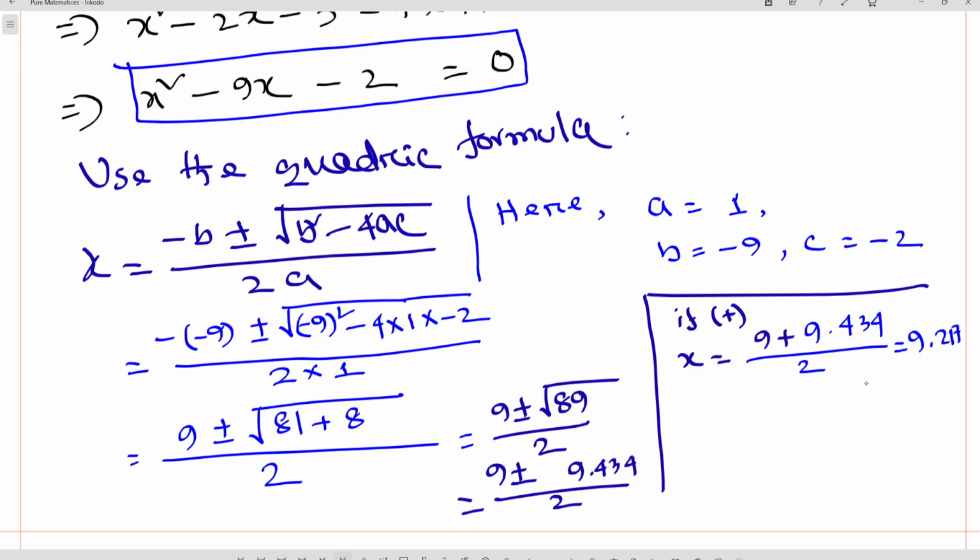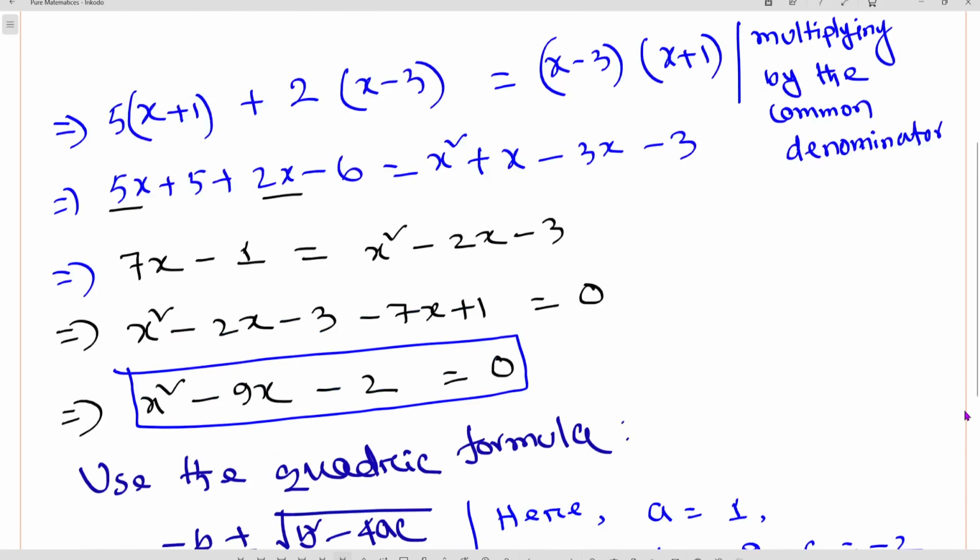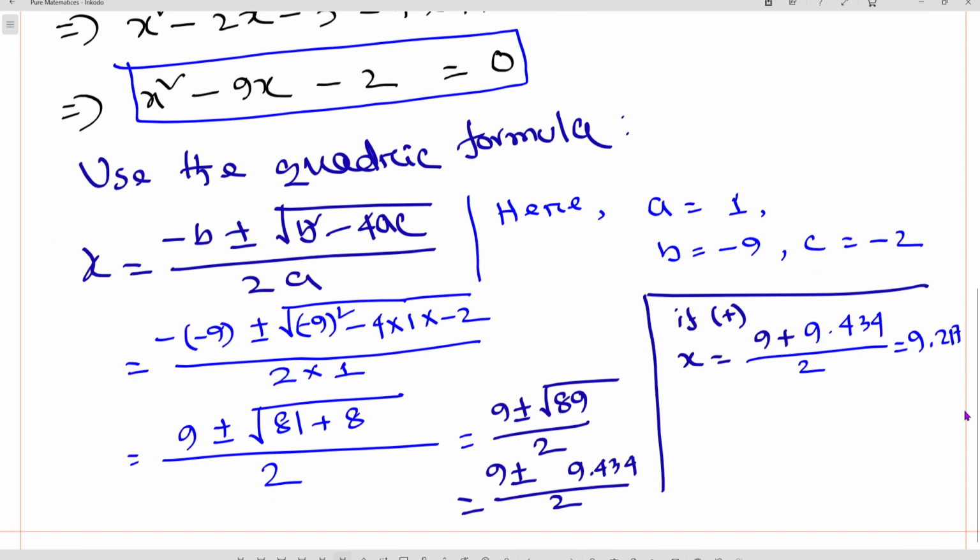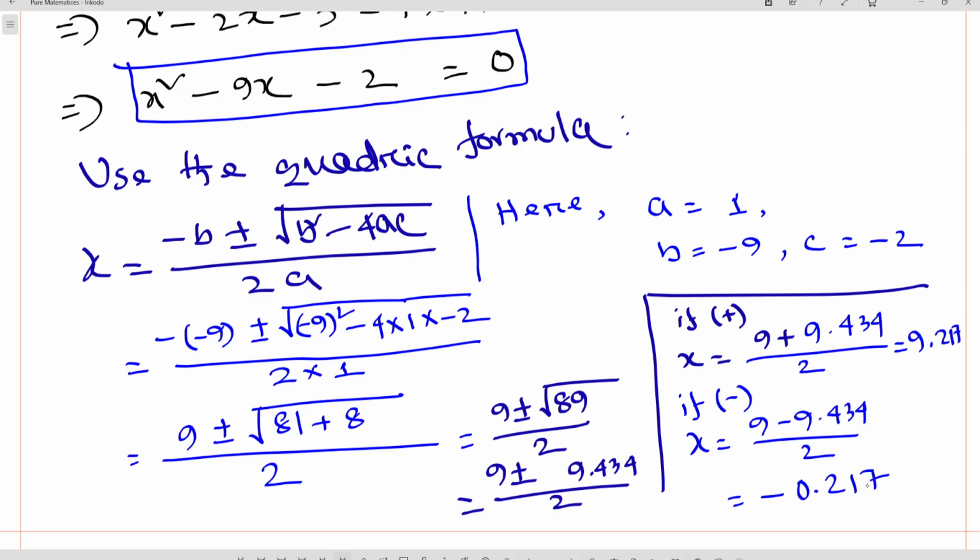We are using three significant figures. And if minus, it will be x equals 9 minus 9.434, divided by 2, and finally this one is minus 0.217. So here are the 2 answers we can write.